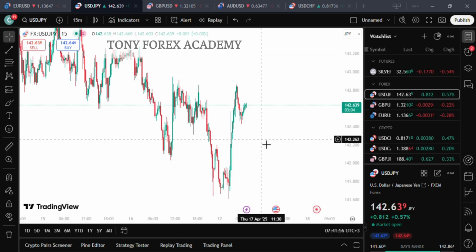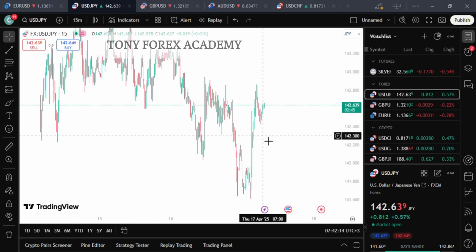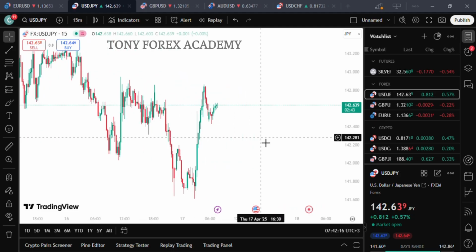We saw that especially during the tariff announcement by the Trump administration. Various pairs against the yen lost value, and the yen strengthened. This pair is also quite predictable for beginners, and you can take advantage of the movement of these two economies.